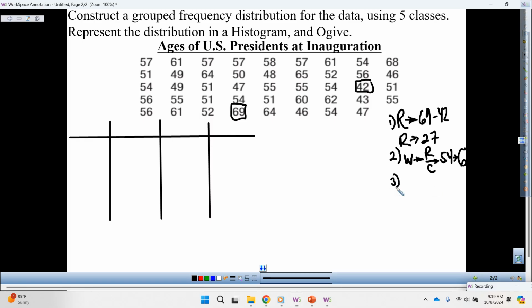Tell your neighbor step 3. What do we do for step 3? Martin, pass them. Jacob, step 3. JJ.